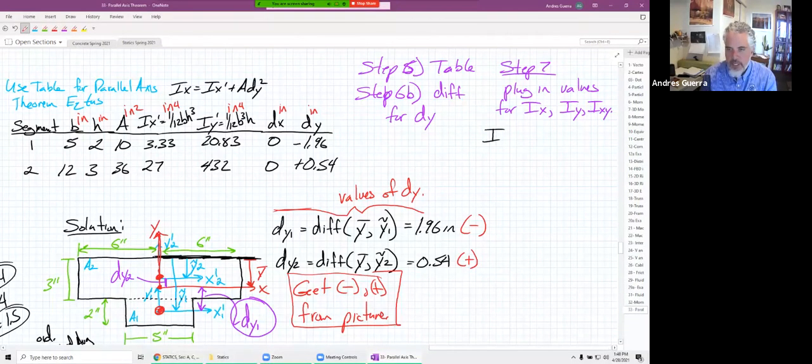We can find Ix, and what we're really doing here is finding the moment of inertia about the global coordinate system, the red axis. For segment 1, it's going to be equal to Ix prime for segment 1 plus the area of segment 1 times d sub y1 squared.